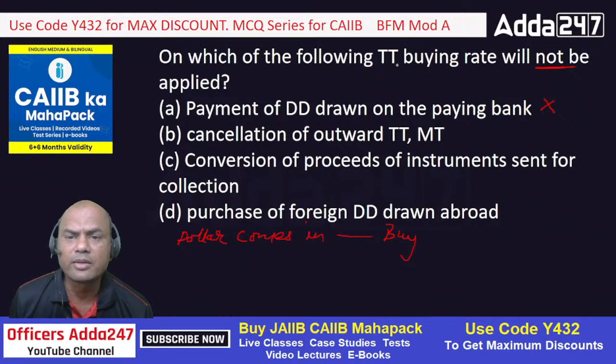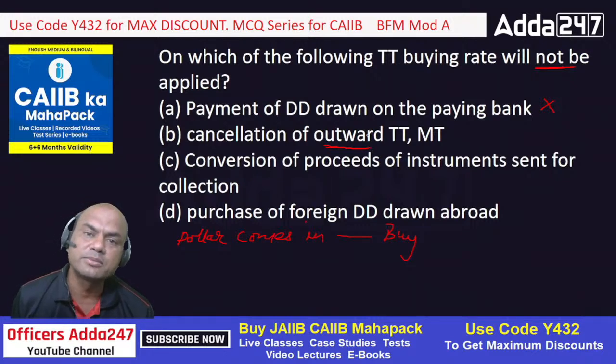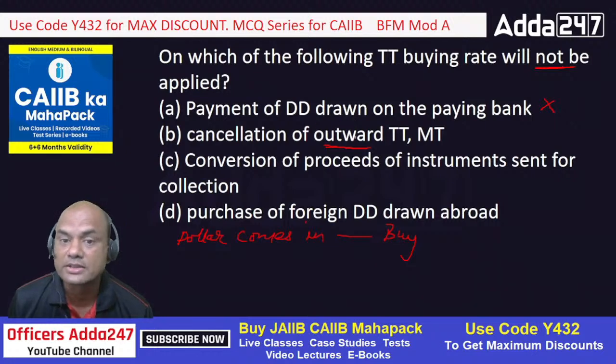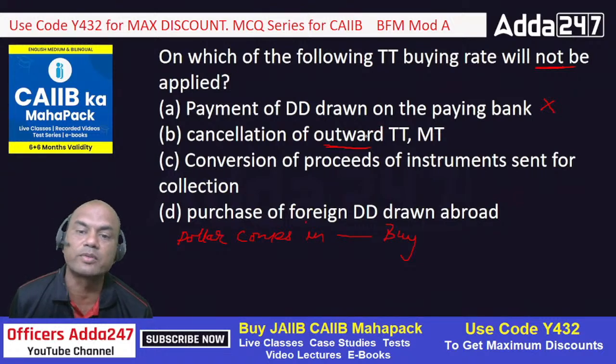But cancellation of outward TT or MT means I had applied the TT selling rate while sending the outward remittance, and I am cancelling it now. I'll use a simple rule: whatever TT selling rate I had given, since the remittance is not done, I cancel that rate. So again, TT buying won't be applied over here, right?